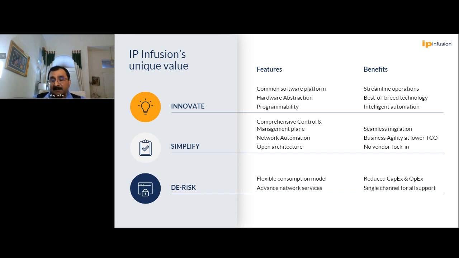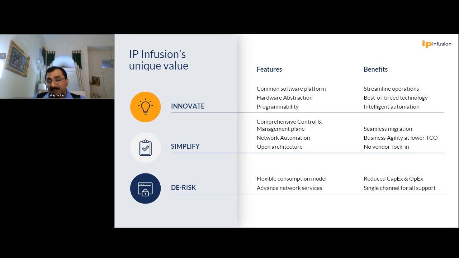Essentially, it gives you a way to streamline your operations with the best of breed technology, making that complex networking simplified by offering a comprehensive control and management plane solution, which can do CLI, SNMP, NETCONF, OpenConfig, and whatever the future architecture may evolve to.